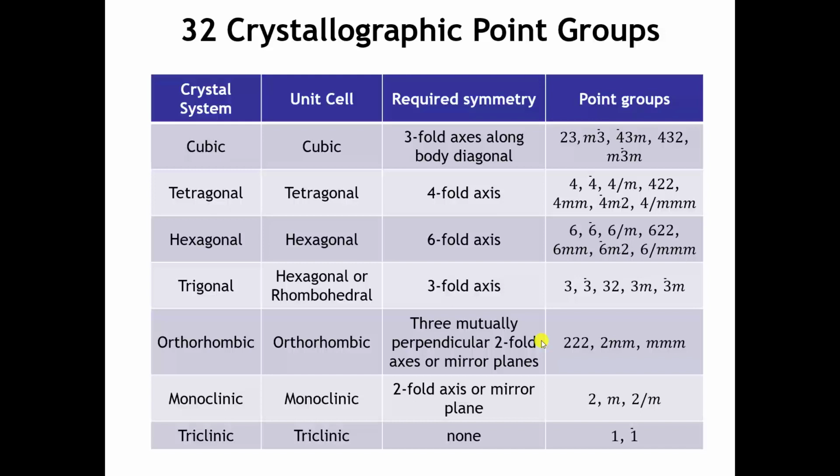So in the orthorhombic crystal system, we can have a primitive orthorhombic lattice, a body-centered orthorhombic lattice, a face-centered orthorhombic lattice, or a base-centered orthorhombic lattice. But even if we do that, at most you would say 4 times 32, what is that? 128. That's still not the right number of space groups.